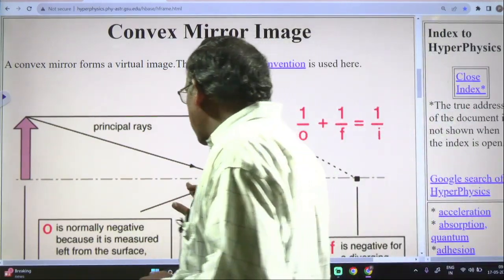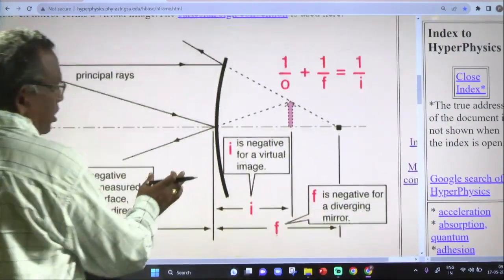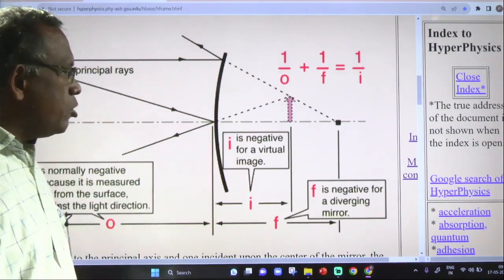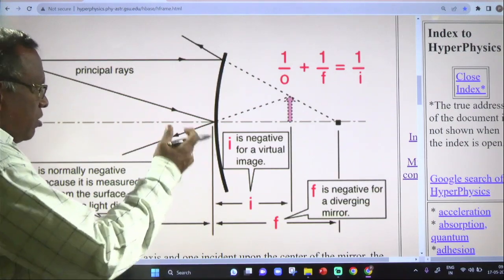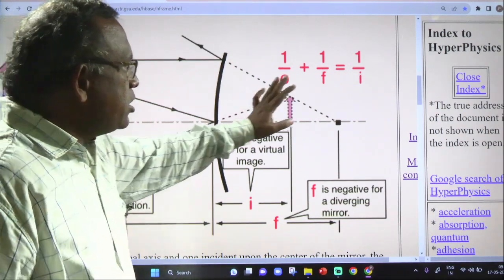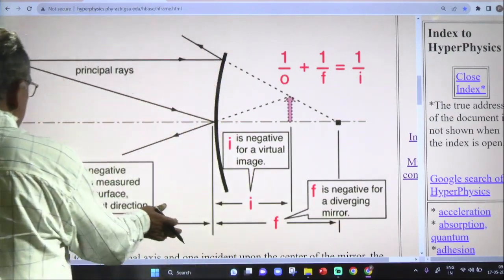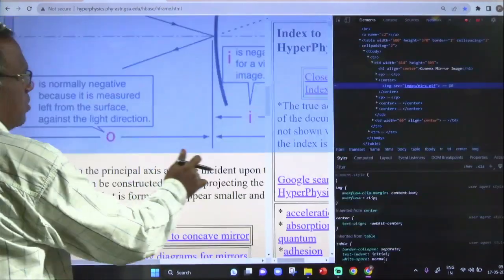In the convex mirror, the focal length is negative, a virtual image is going to be formed, and the formula is 1 by object distance plus 1 by focal length is equal to 1 by image distance.